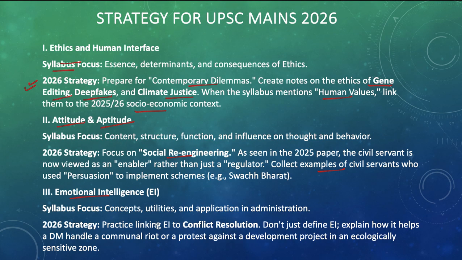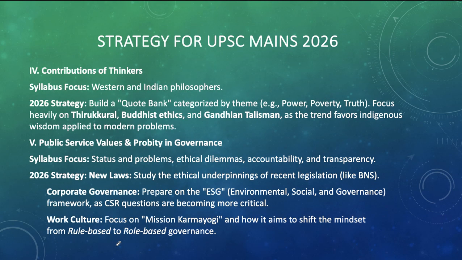Emotional intelligence: try to link EI with conflict resolution. Don't just define EI, try to explain how a district magistrate, that is an IAS or IPS officer, handles a communal riot, or a protest against a developmental project in an ecologically sensitive zone. Examples from current affairs you need to quote.